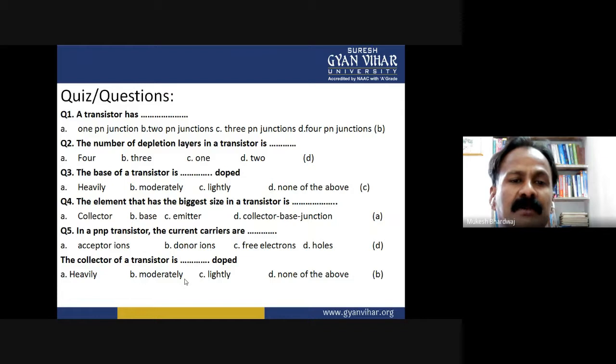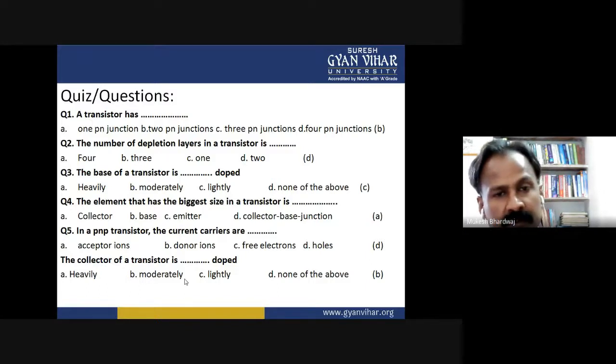Second, the number of depletion layers in the transistor: as it has 2 p-n junctions, obviously it has 2 depletion layers. So option D is the right answer.